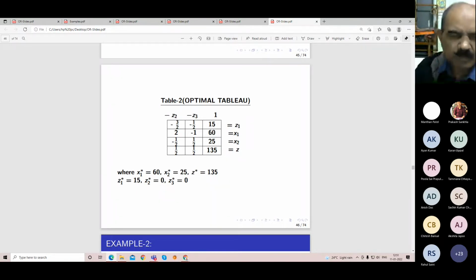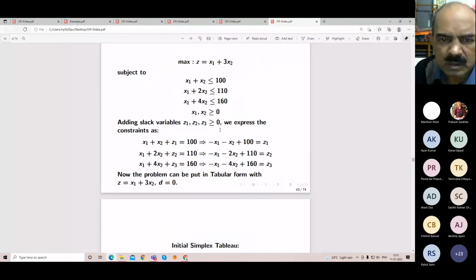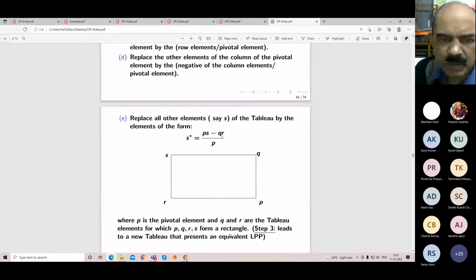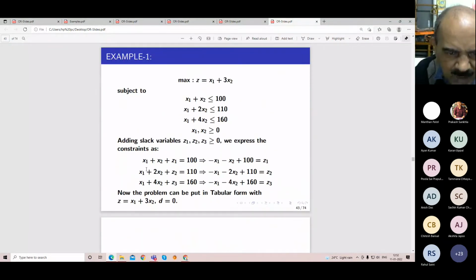And these are the two non-basic variables, z2 and z3. z2 and z3 are 0. Basic variable z1 equal 15. Now let us verify in the problem. We have here the constraints: x1 plus x2 plus z1 equal to 100. x1 you got 60 and x2 25. 25 plus 60 is 85, z1 15, so the total is 100.